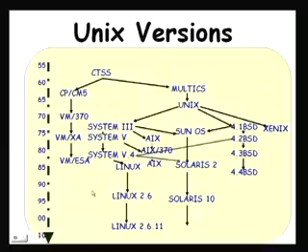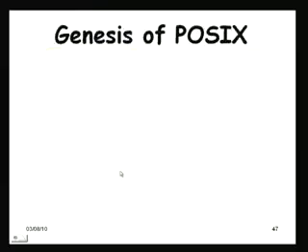But the end thing is that they have extended the basic Unix in very different ways, and they have become inconsistent. An application written for Solaris will not run on Linux, not run on System 5, not run on VM. So, that was the situation.